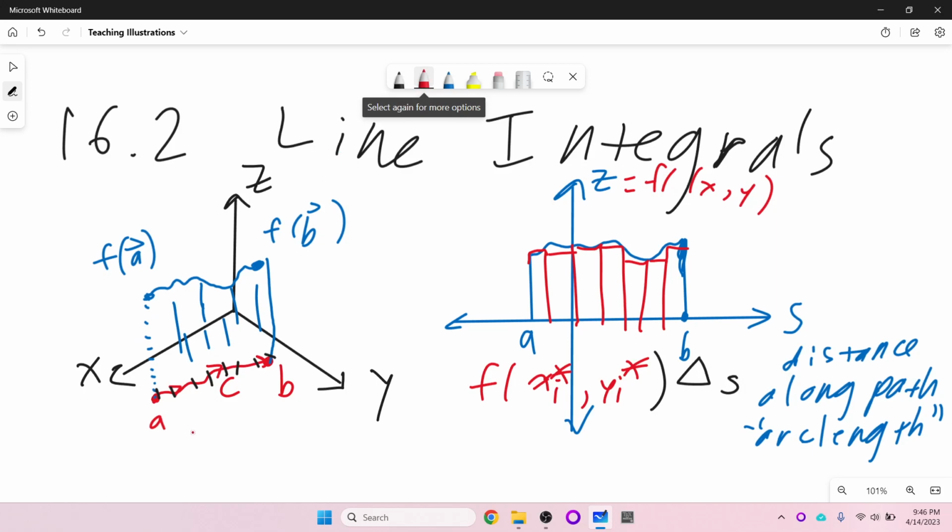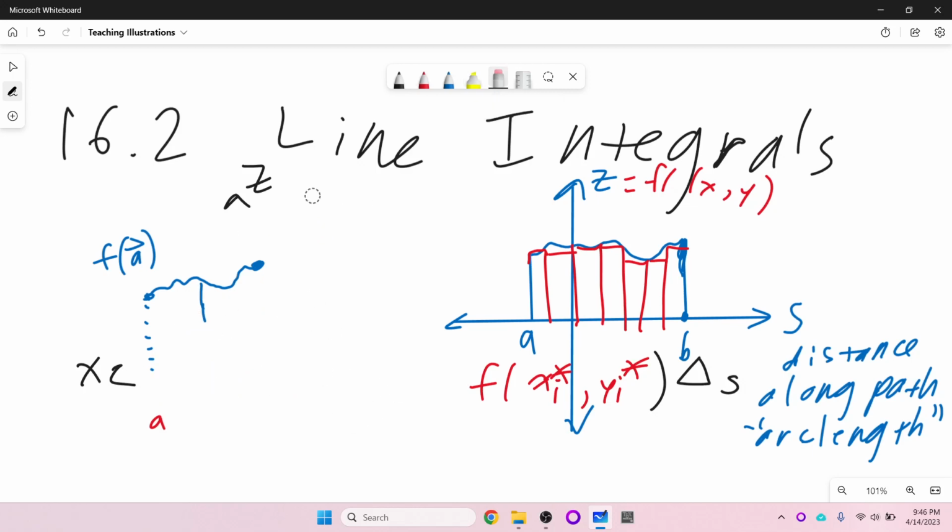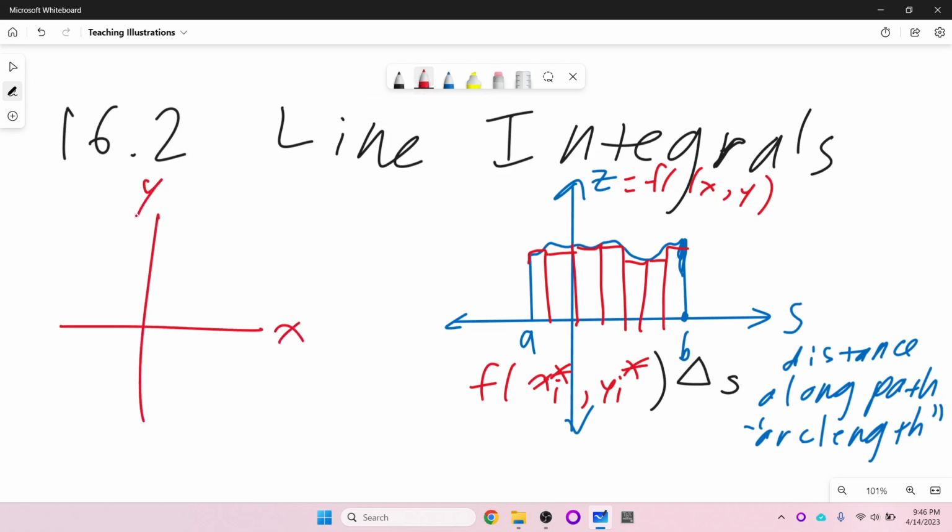So on any point here, let's put this in terms of xy. If I were to draw the path in xy, I would mark it as t equals a at the beginning and t equals b at the end. Along the path, you'd have a bunch of little straight lines.